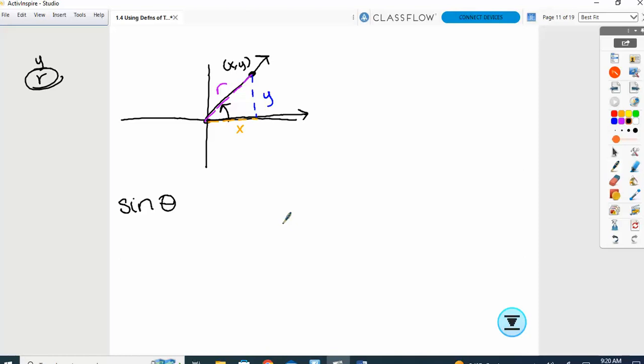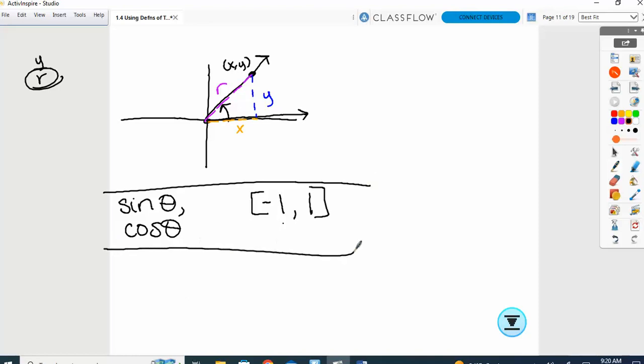So sine has to be some number between -1 and +1. Anything bigger than 1 or smaller than -1 would not work. And cosine follows the same rule, because cosine is x over r, and we know that r has to be the biggest side. So this is our range. What values can these functions be equal to?